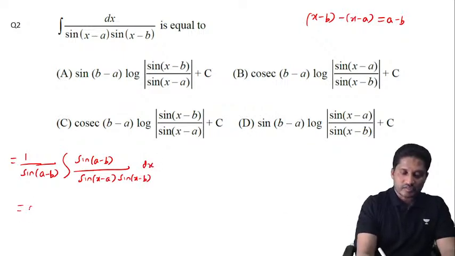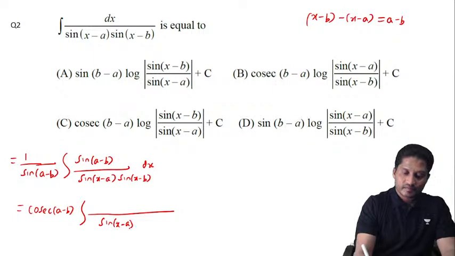Now 1 by sine is cosec, right? You will get this as cosec of a minus b, integration of whole divided by sine of x minus a into sine of x minus b.